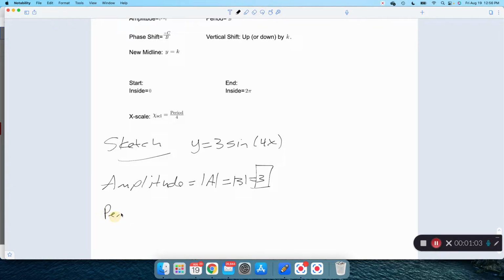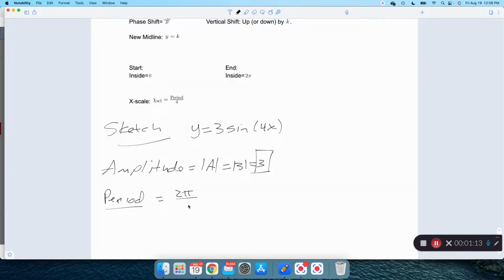My new period is always the old period, 2 pi, that's the period of regular old sine and cosine, divided by b. b is the number that's multiplying our variable, x. So 2 pi over 4. Now, maybe I want to reduce that, maybe I don't.